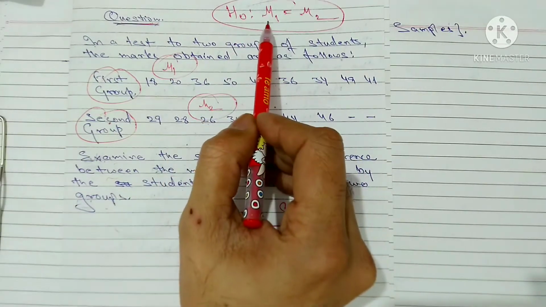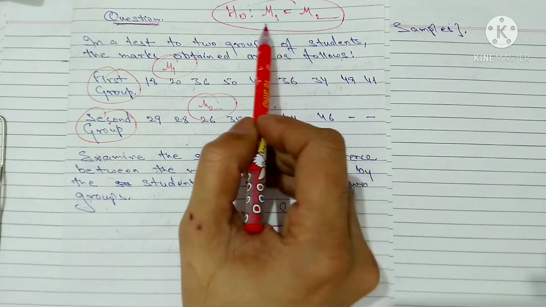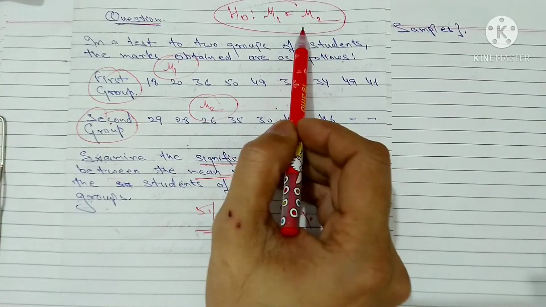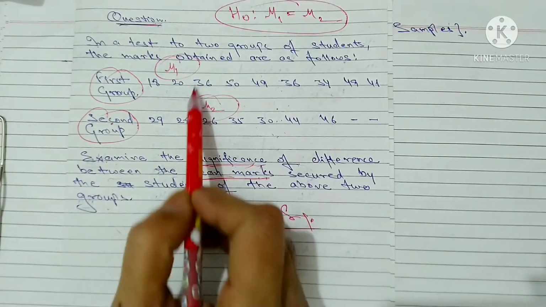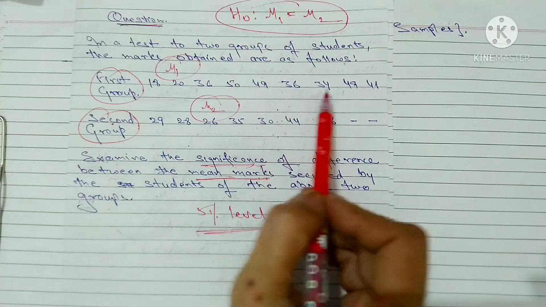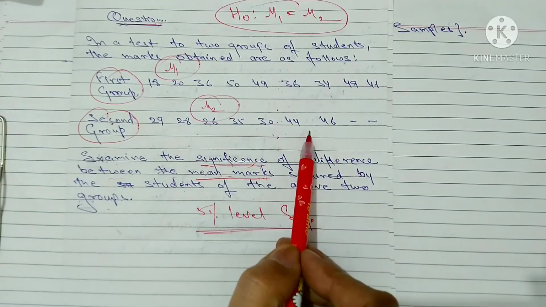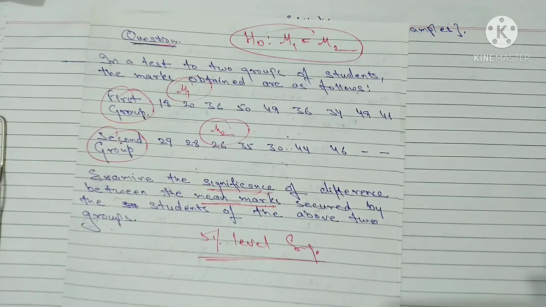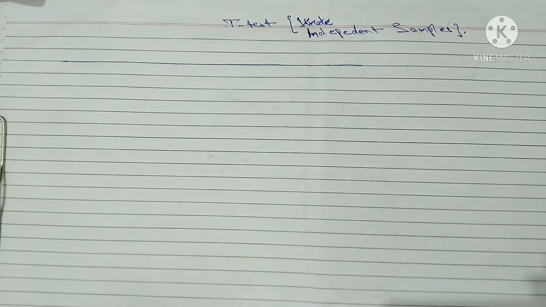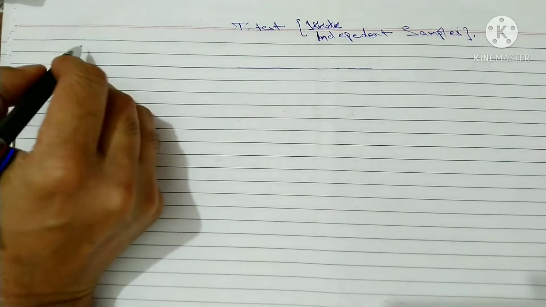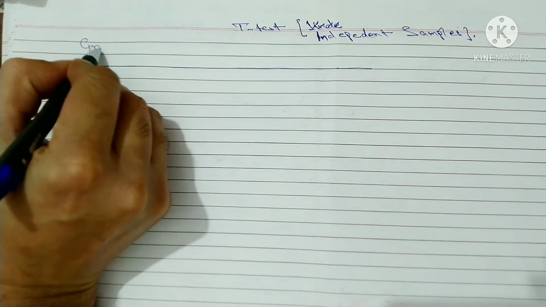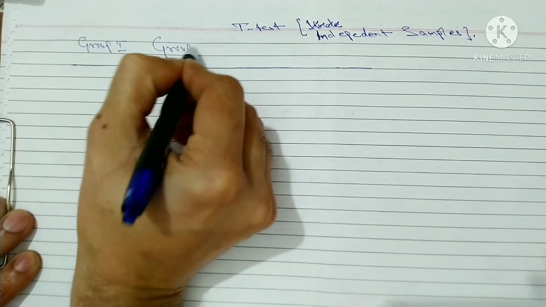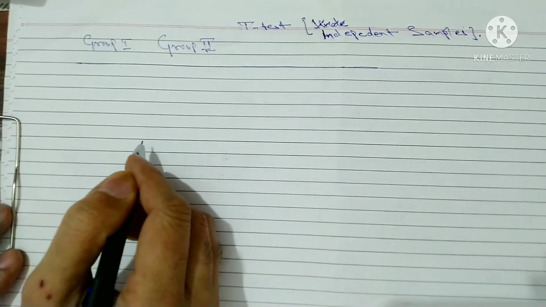So our null hypothesis is there is no significant difference between mean marks of two groups, where mu1 is mean of group 1 and mu2 is mean of group 2. First we will apply t-test over here. For t-test, marks of group 1 and marks of group 2.